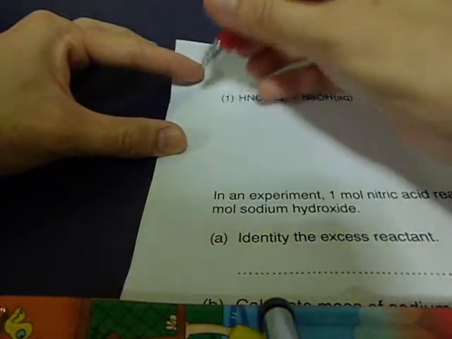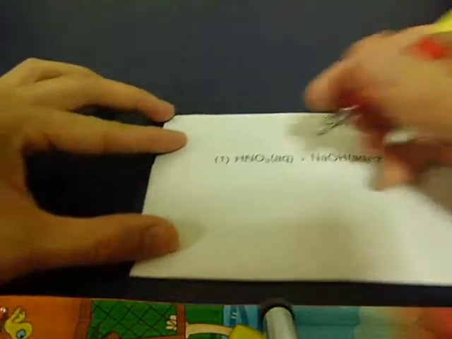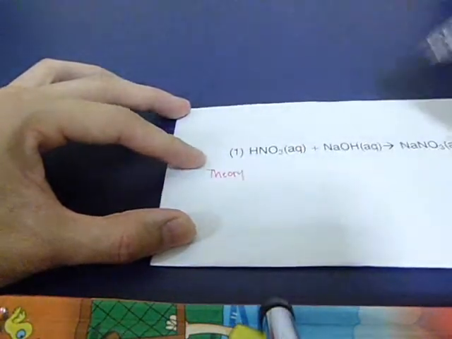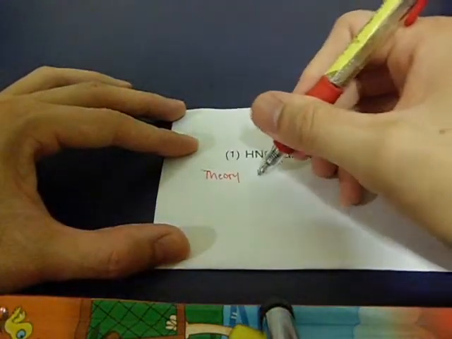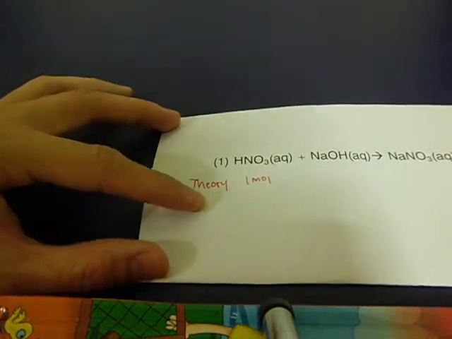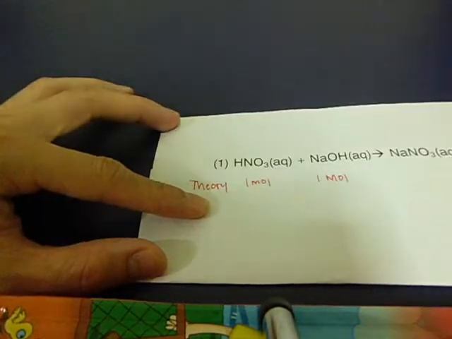So as usual, you write down in theory. In theory, what happened is 1 mole of nitric acid reacts with 1 mole of sodium hydroxide.